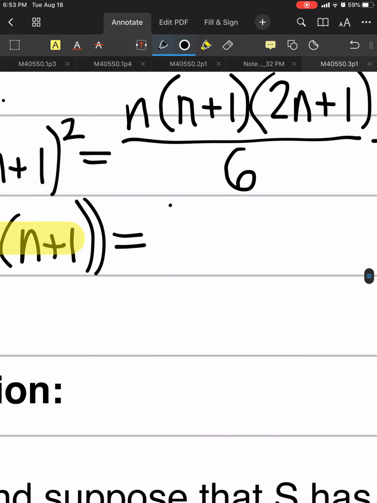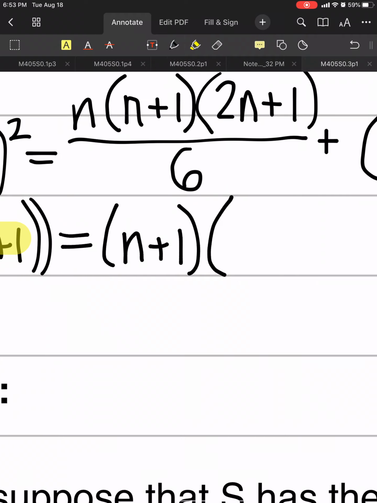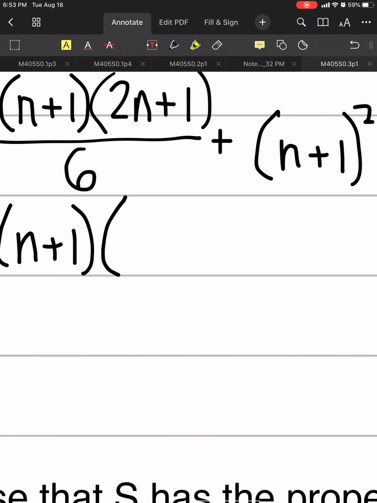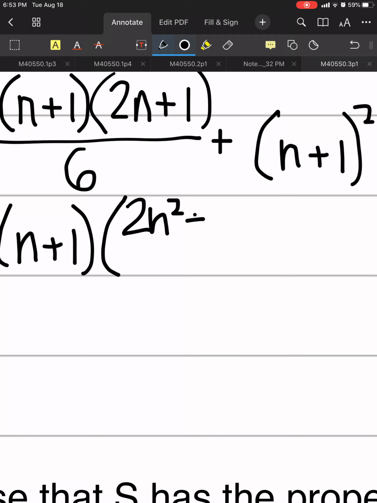So let's go ahead, leave the n plus 1 out front as we had before. I'm going to expand the top of the first fraction, which gives me 2n squared plus n over 6.